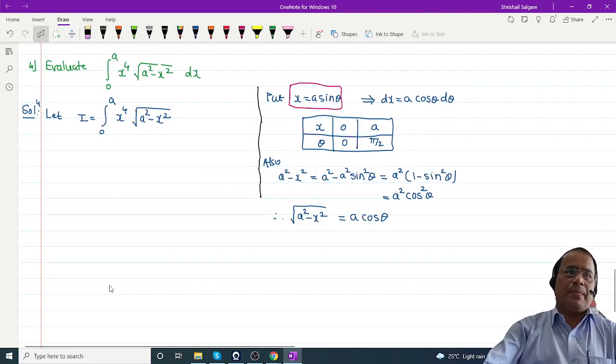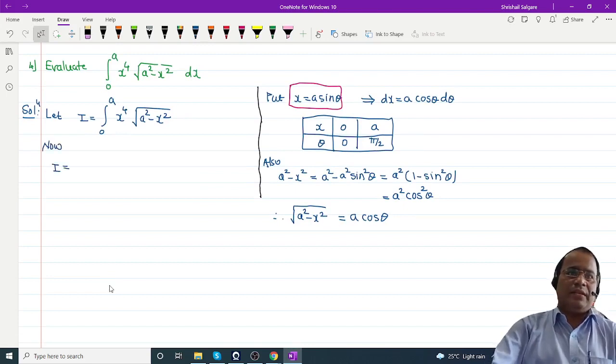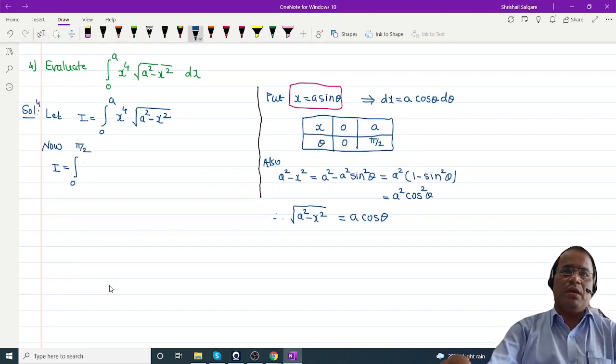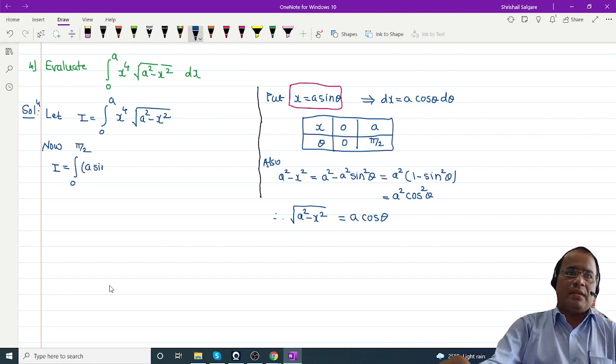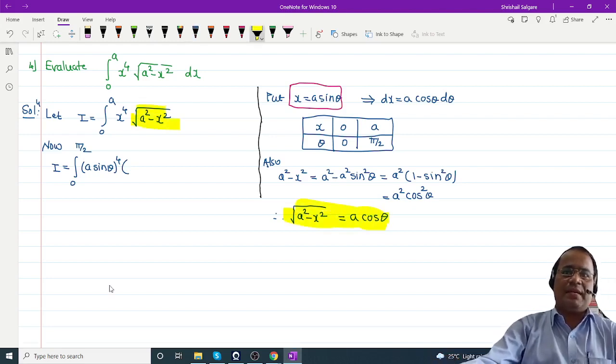Therefore, now this integral we will evaluate with new limits from 0 to pi by 2. x is a sine theta raised to 4, and the second bracket we have calculated separately, that I will replace, and I forgot to write dx here.